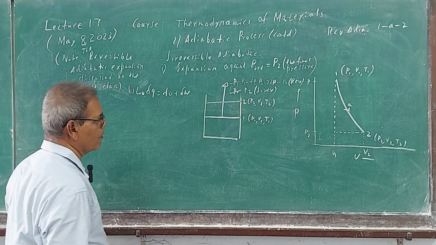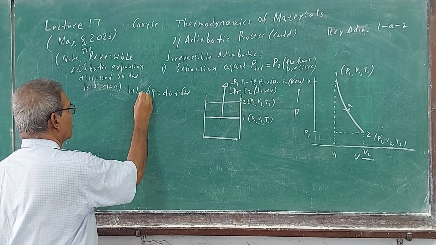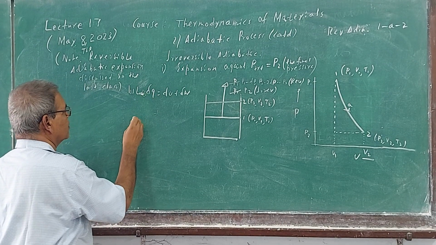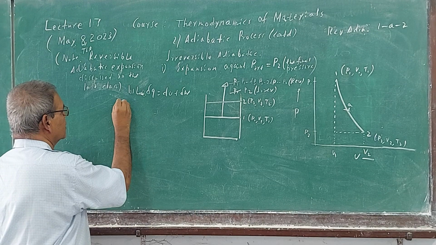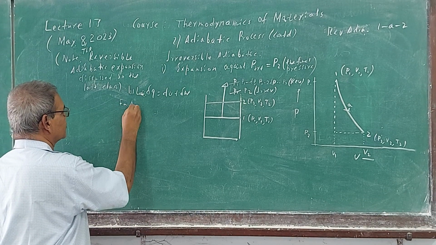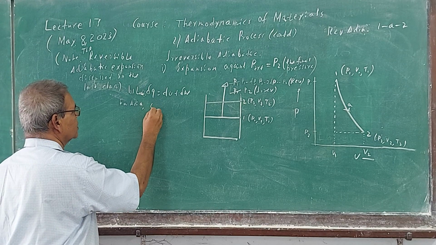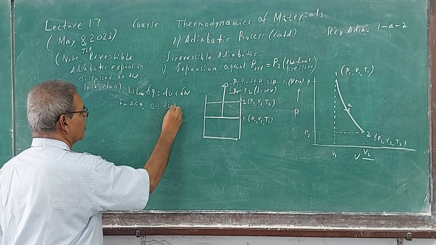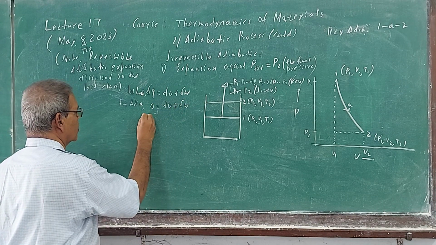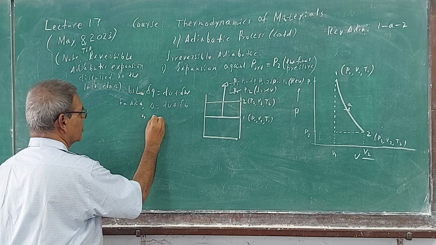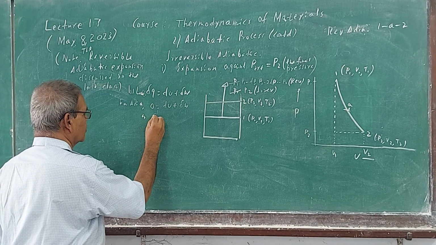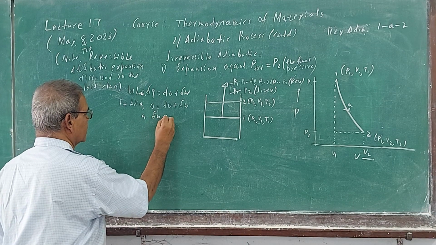First law. For adiabatic, zero is du plus dw, or dw is minus du.